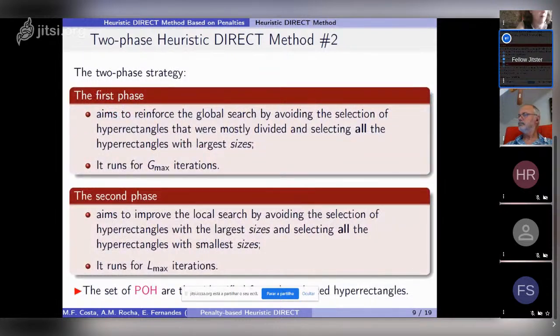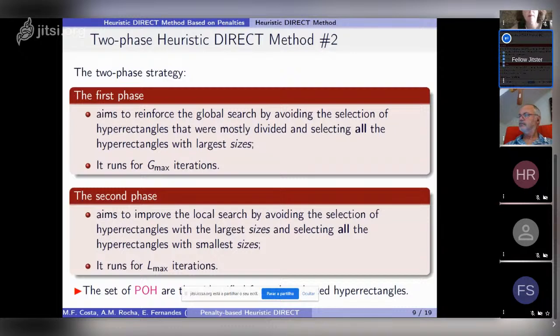The two-phase strategy works like this. The first phase aims to reinforce the global search of direct by avoiding the selection of hyperrectangles that were mostly divided and selecting all the hyperrectangles with largest sizes. And this phase runs for Gmax iterations.